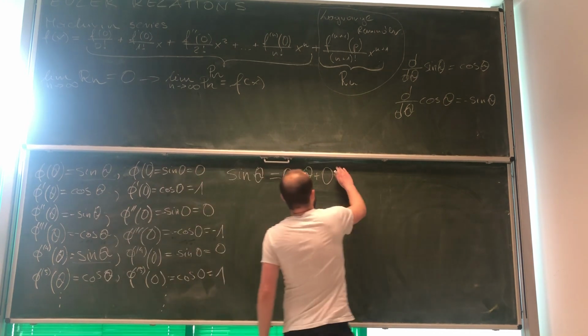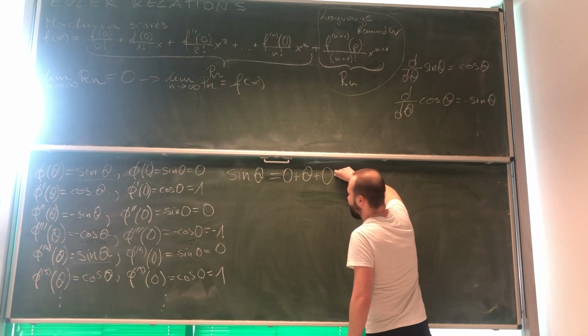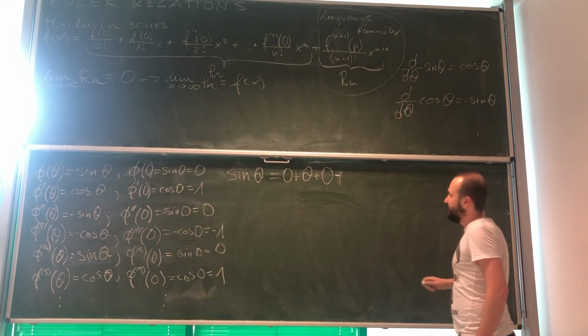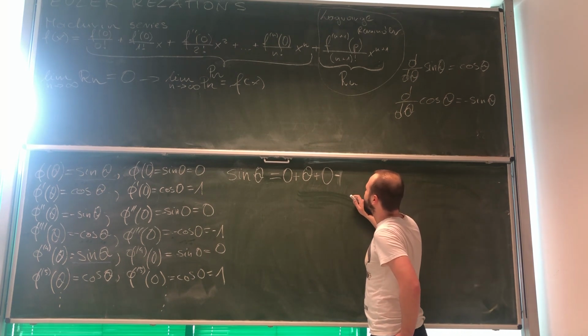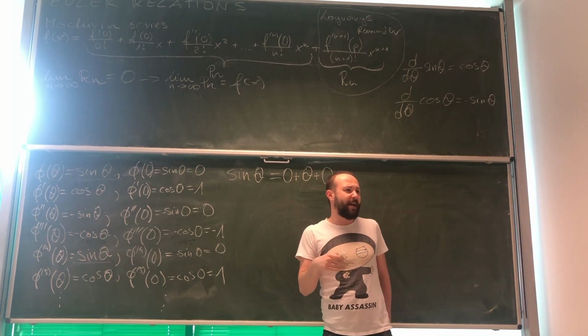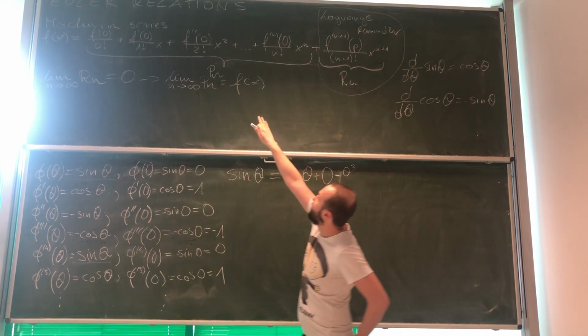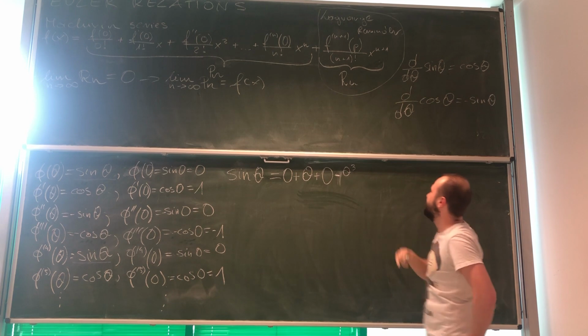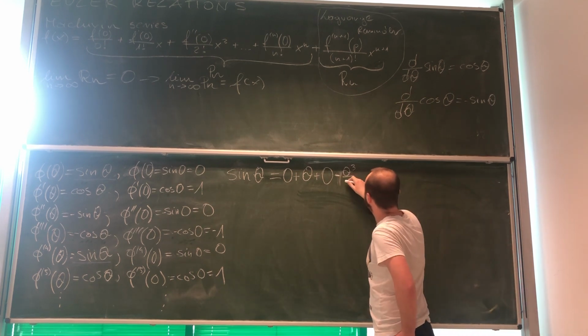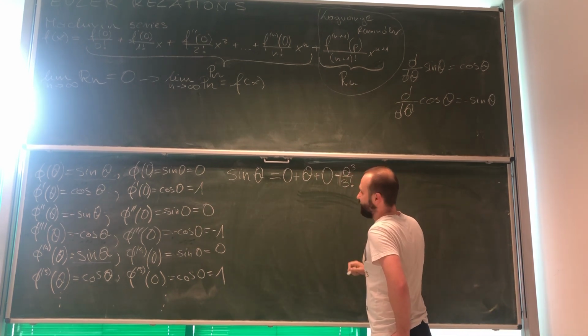So here we need to change plus into minus, and we will have theta to the power of 3 divided by 3 factorial.